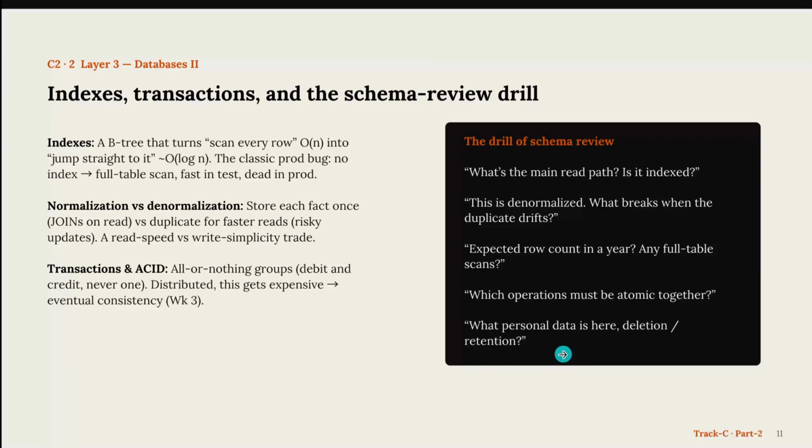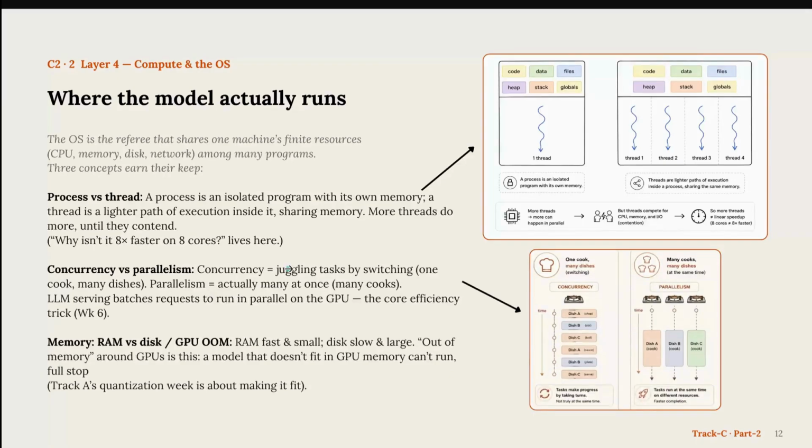And this is where the model actually runs, which is on the OS level. At the OS level, our biggest challenges are across these three. One is process versus thread. A process is an isolated program with its own memory, and a thread is a lighter path inside it, which is sharing the memory.